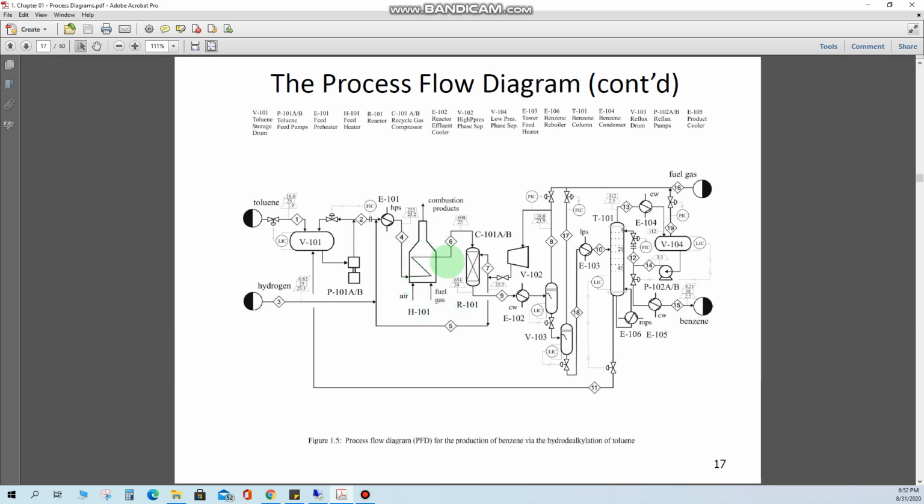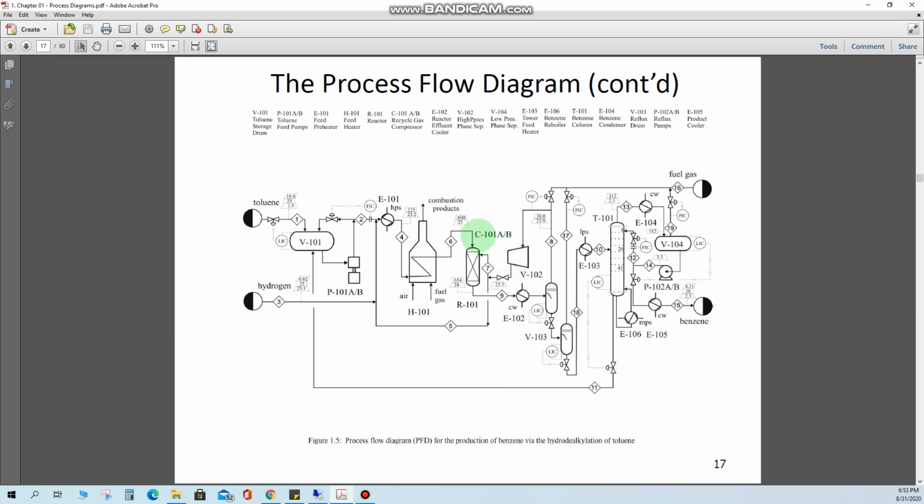Okay. The same case with this fired heater, air and fuel gas, they represent the utilities, and this represents the feed heater. Now if you want to see the name for this turbine, you can see this coding here, C101.